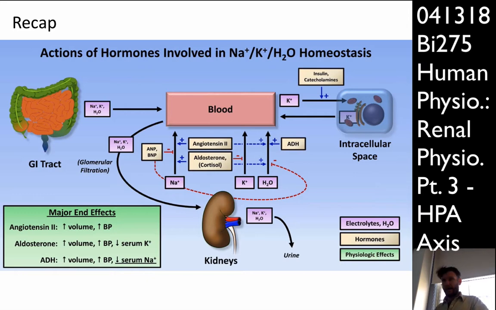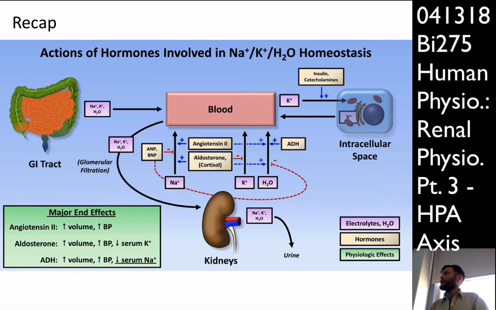The catecholamines like epinephrine and norepinephrine and all those things that your suprarenal gland makes. But their job is to control that process of exchange with the intracellular space in the blood. Their direct target is peripheral tissue. And then there's the rest of it, which is the kidney here.